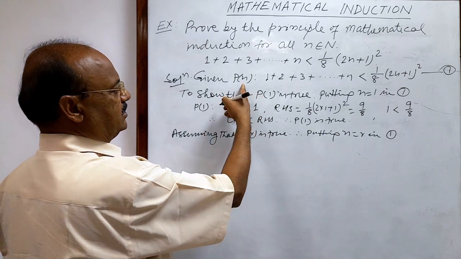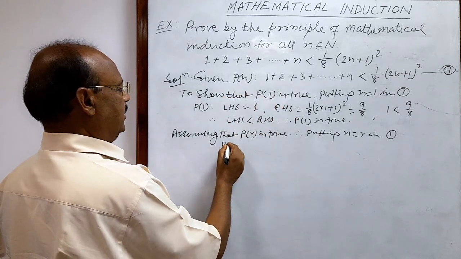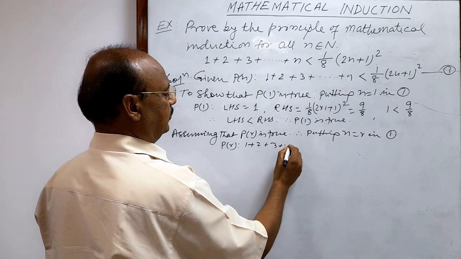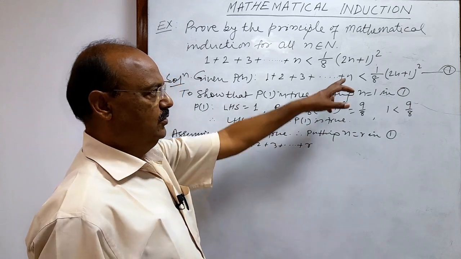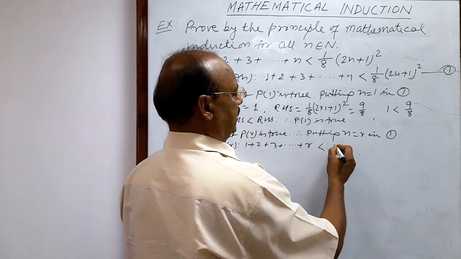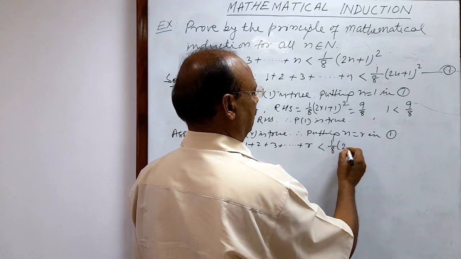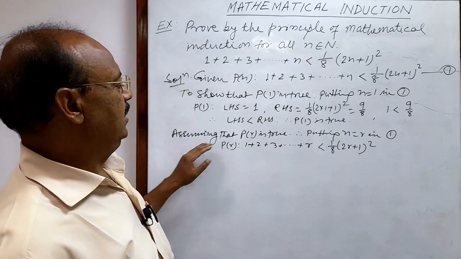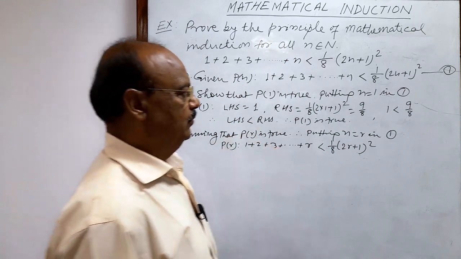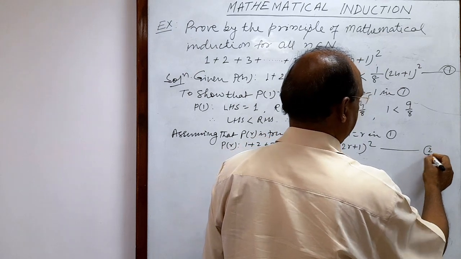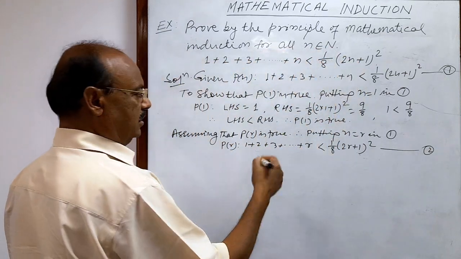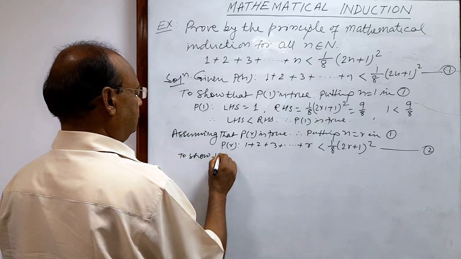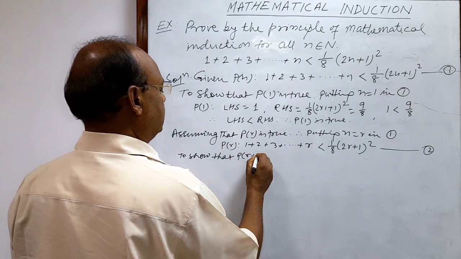So putting n equal to r in relation number 1, we are getting Pr: 1 plus 2 plus 3 plus up to r, n equal to r, is smaller than 1 by 8 (2r plus 1) whole square. This is Pr, and we are assuming that this statement is true. Let us call it relation number 2. And third and final step, here we have to show that Pr plus 1 is true.